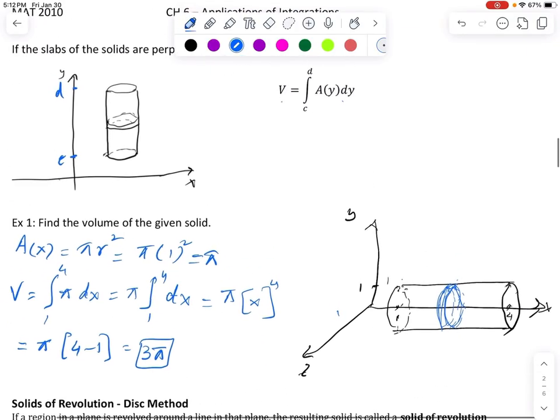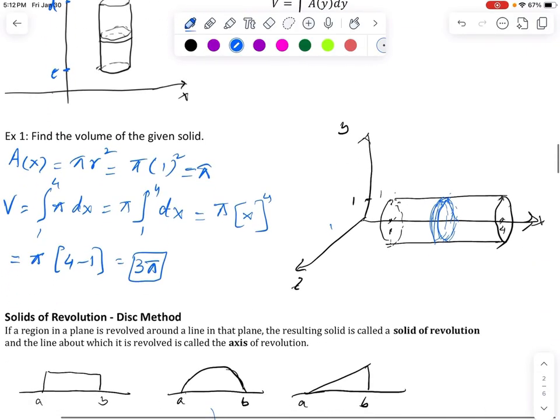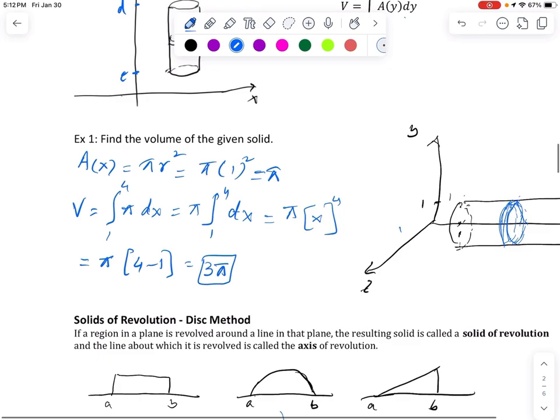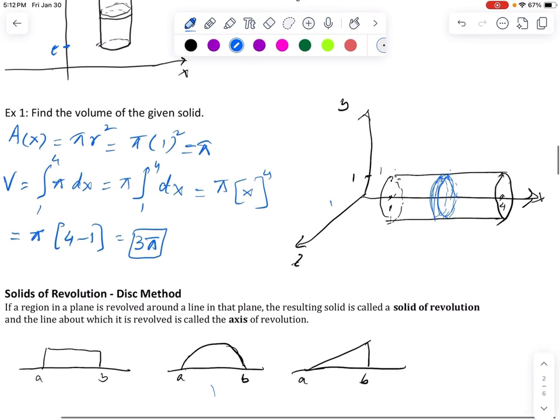So let's look at the first example. This says find the volume of the given solid, and the given solid is this, and this is a cylinder. It's lying on the x-axis, so the x-axis is actually passing through the center. It says 1 here, so the radius of the circle will be 1.